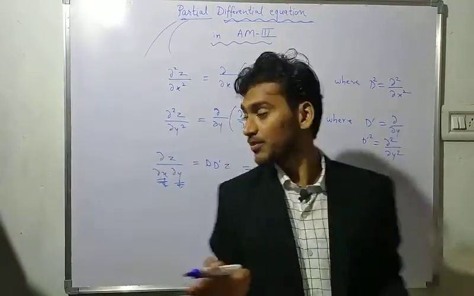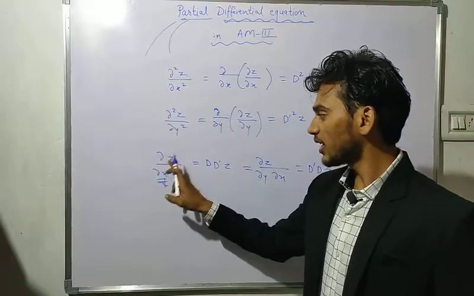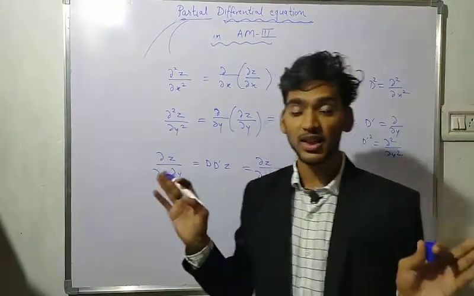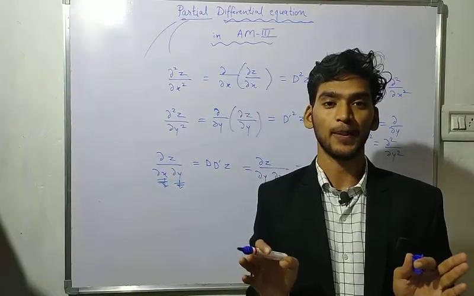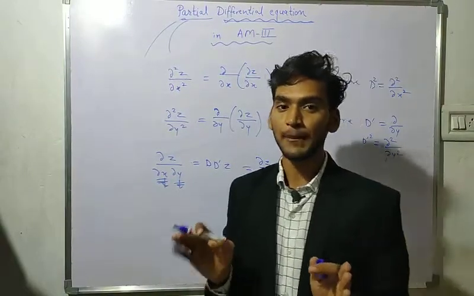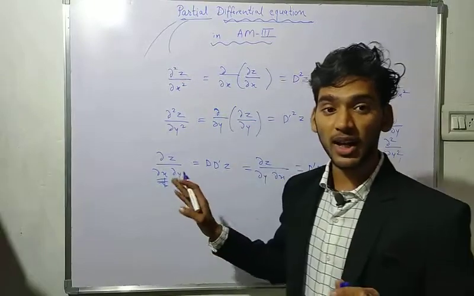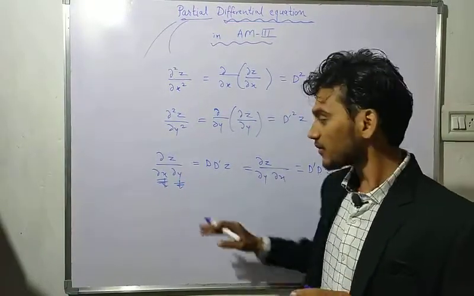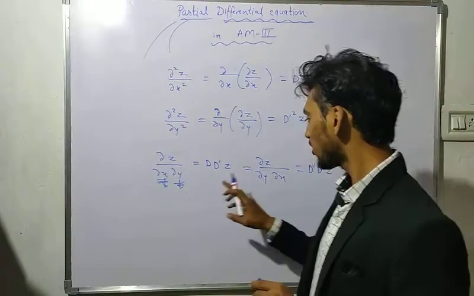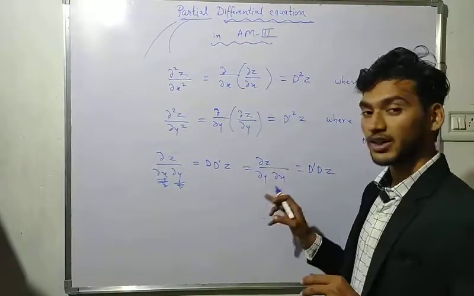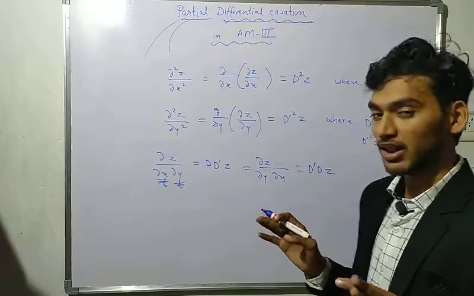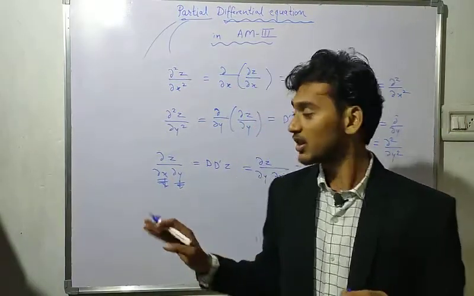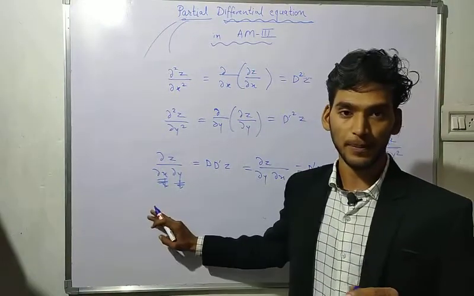What I am trying to say is that del 2 z by del x del y and del 2 z by del y del x are not necessarily equal. That is the main reason behind why I made a mistake. Del 2 z by del x del y is not equal to del 2 z by del y del x everywhere. But we will study partial differential equations where these two are equal.